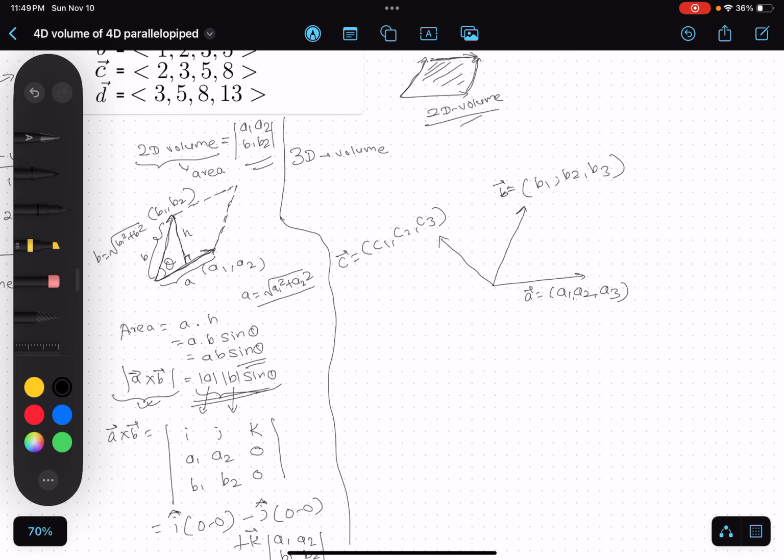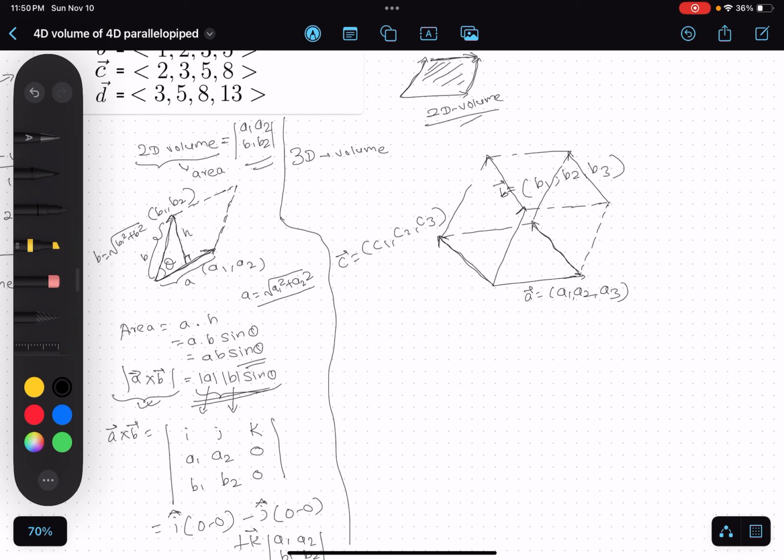Now what a parallelepiped is: first of all, try to complete this parallelogram, right? Now for this c vector, try to move the c vector to every edge of the parallelogram, and congrats, we have a parallelepiped. A parallelepiped is just a cube or cuboid, but these lines might not be perpendicular to the surface.